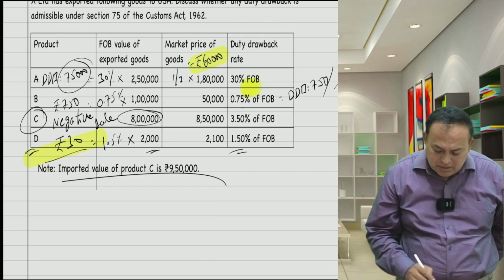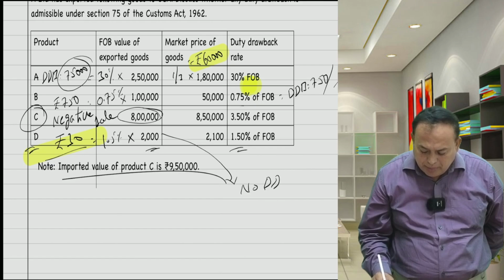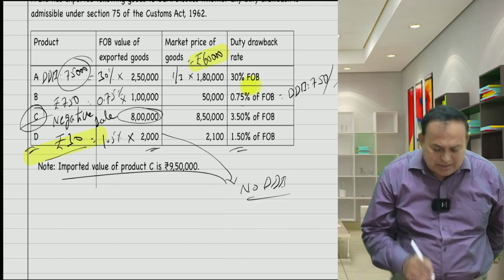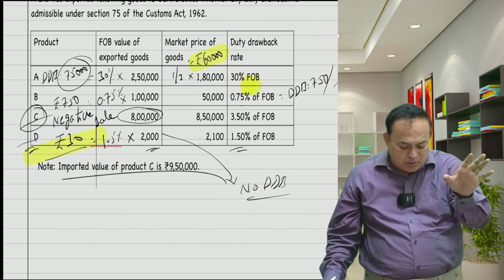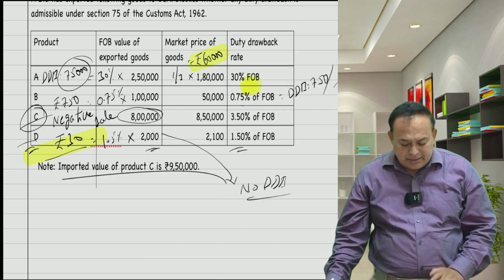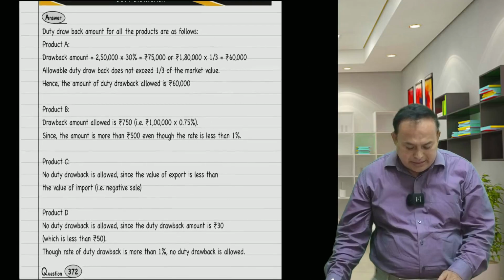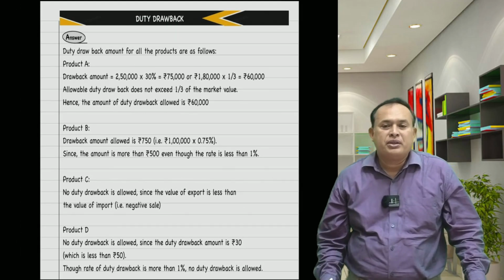In the given case, product C, no duty drawback. Product D, no duty drawback. Product A, 60,000. Product B, 750. Only these duty drawbacks. The answer is available here for your kind consideration, elaborately mentioned in the chapter called duty drawback.